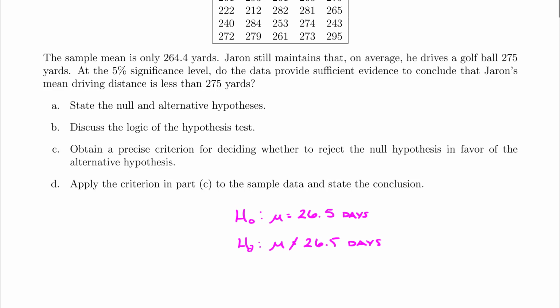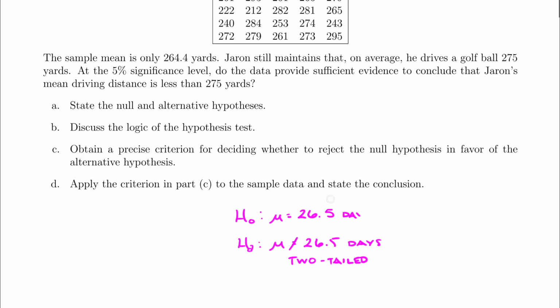And then it said to classify the test as two-tailed, left-tailed, or right-tailed. Whenever we use the not equal sign, it is a two-tailed test. Okay, that's all you have to do for, I believe, the first 5 questions on homework 3.1. Just write it out in the notation. Remember your units, okay? That is important.